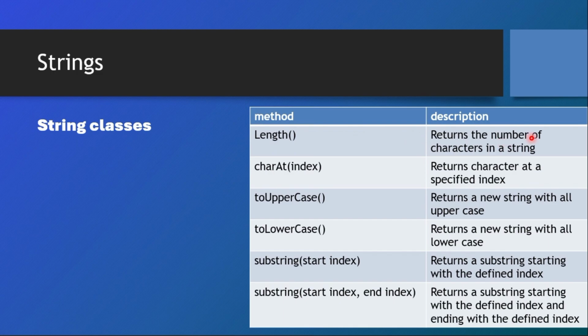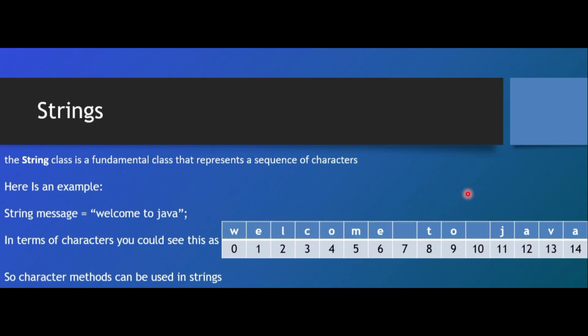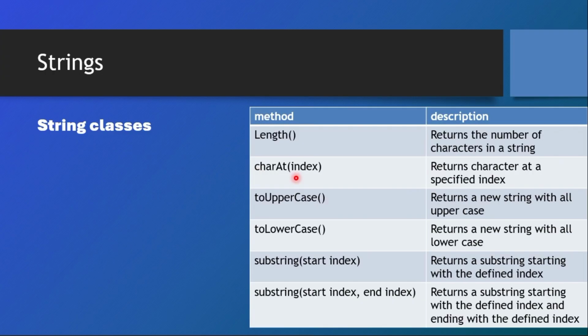So everything that's here, if we were to say "Welcome to Java" and use the length method, it would tell us that there are 15 characters in this. Then we have charAt, which returns the character at a specified index. And toUpperCase, which returns a new string with all characters in uppercase.